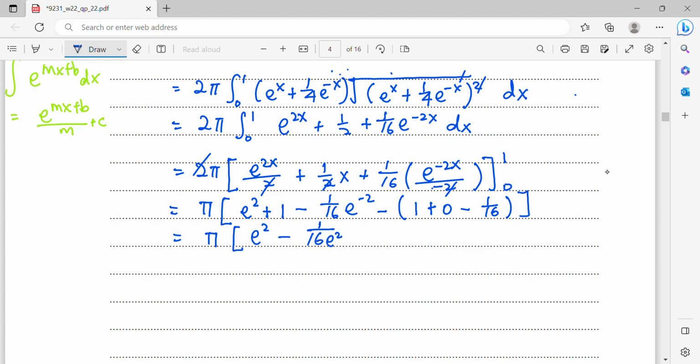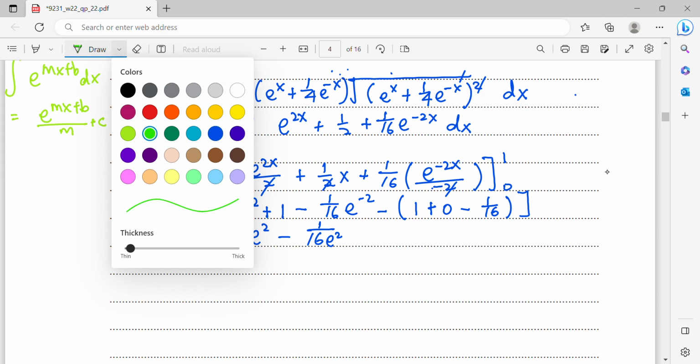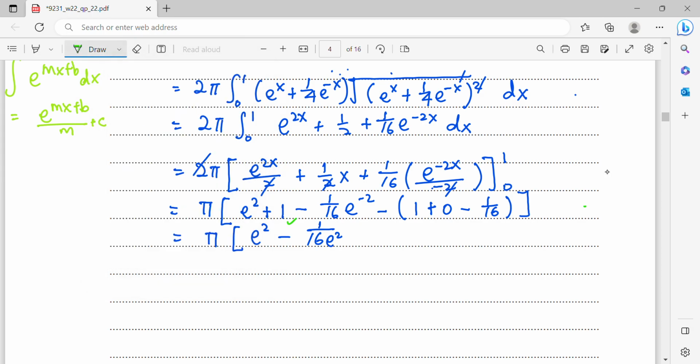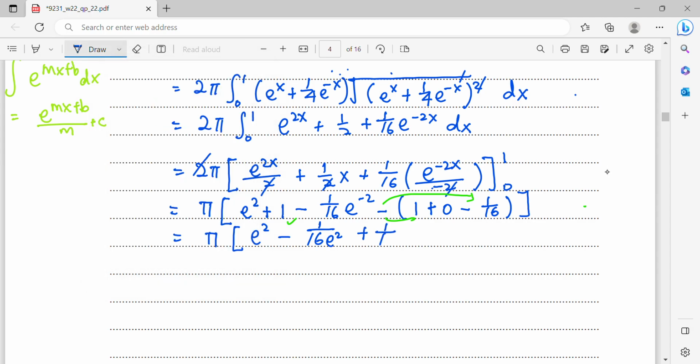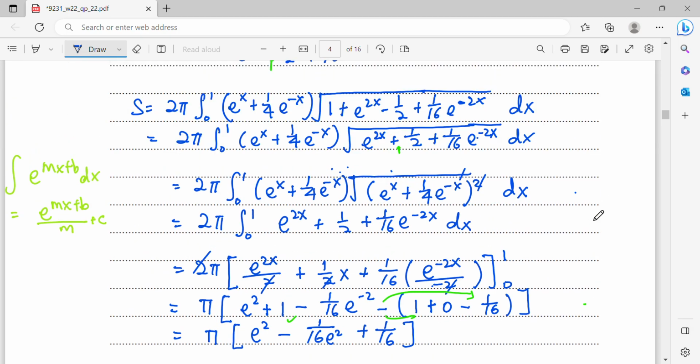Now, for the rest of the constants, the second term is 1, the fourth term is minus 1, so it will be cancelled out. And then don't forget there is a minus outside the bracket. At last you are getting 1/16. Okay, so this is the solution for part a. Right? So now let's move on to the next part.